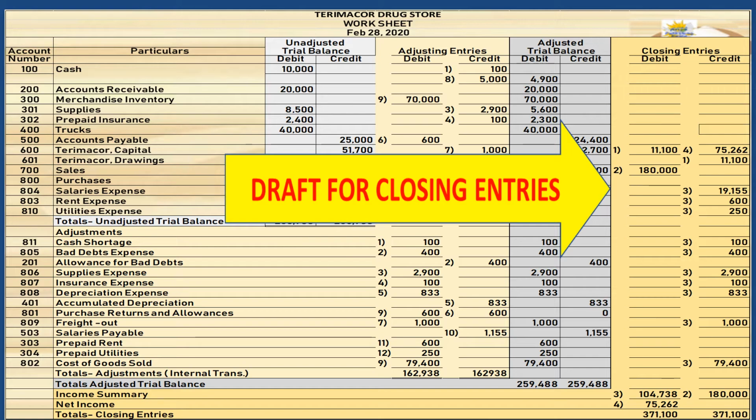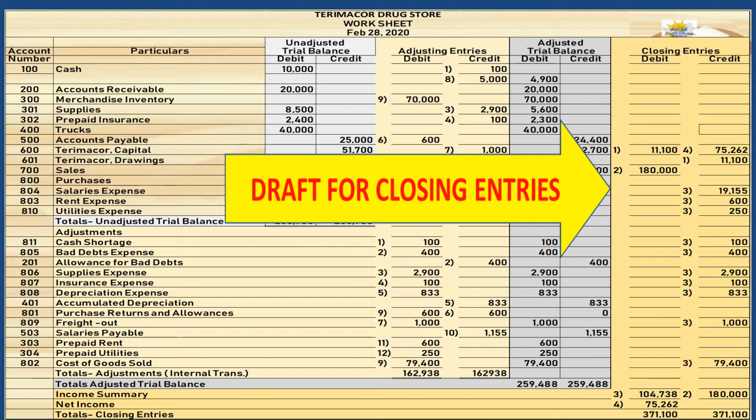The target of the preparation of the financial statements is to comply with the regulatory requirements of the BIR and Securities and Exchange Commission. So once these financial statements have been presented to the BIR and Securities and Exchange Commission, meaning the financial statements are already finalized, then the closing entries can safely be entered into the books of accounts.